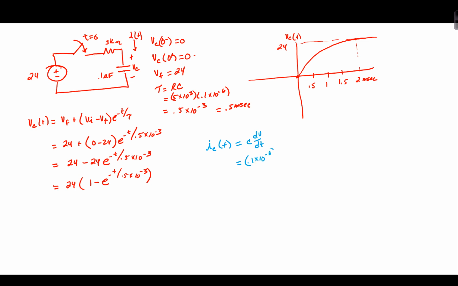That's C. Now, what is the derivative of that right there? Well, the derivative of a constant is 0. So I'm going to just write it like this. This will be dV dt.